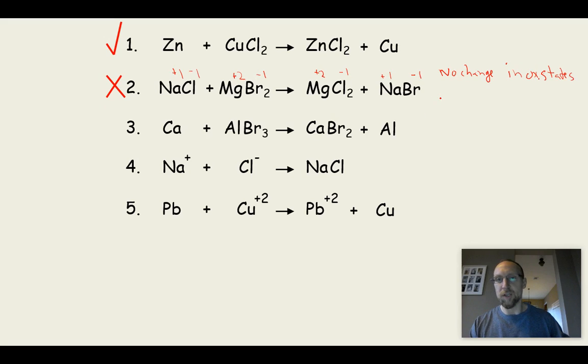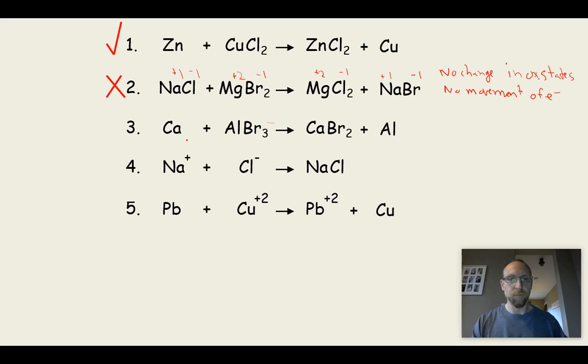There's no movement of electrons. So not every reaction is a redox reaction. If there's no movement in electrons, it's not a redox reaction. So a quick and easy way to tell is to look for at least one uncombined element.